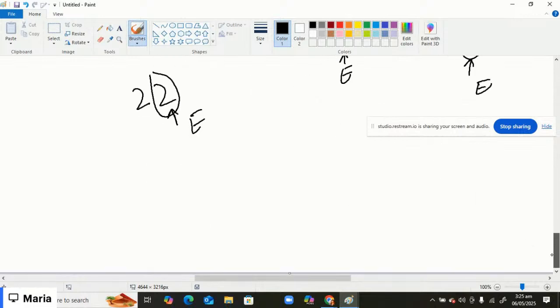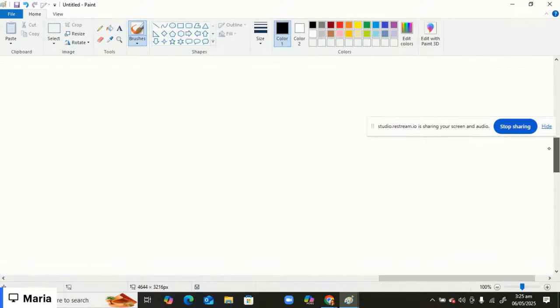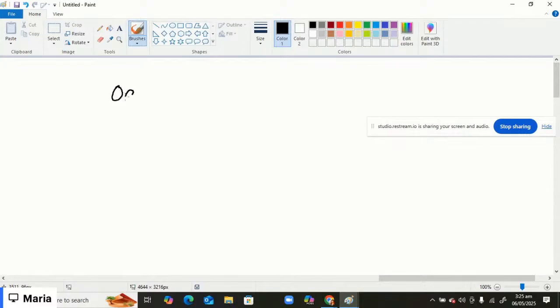What are odd numbers now? So the odd numbers are 1, 3, 5, 7, 9. These are all odd numbers.